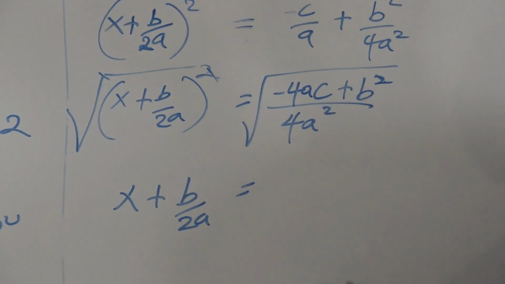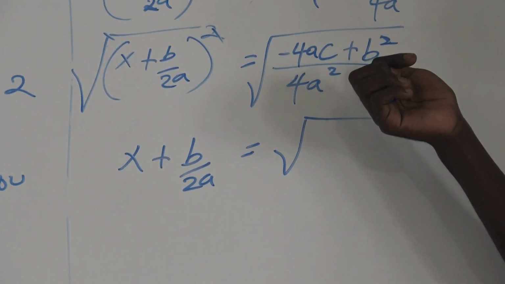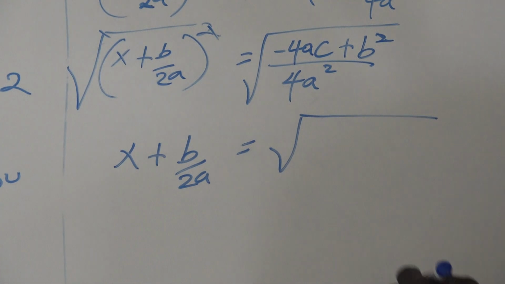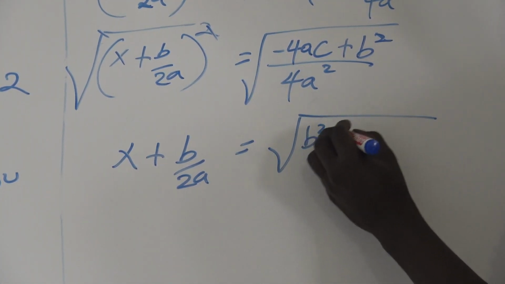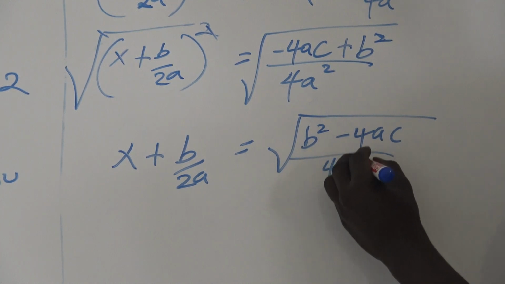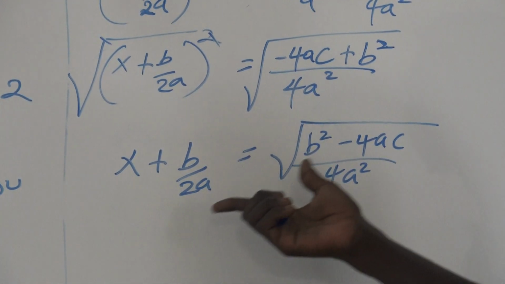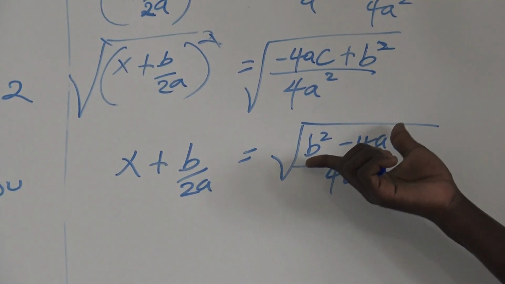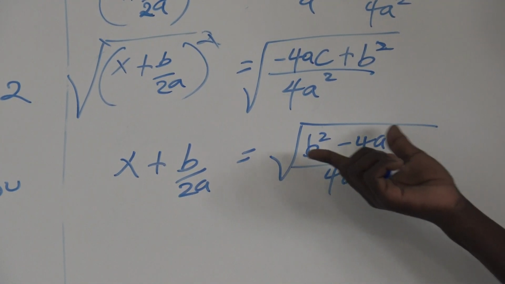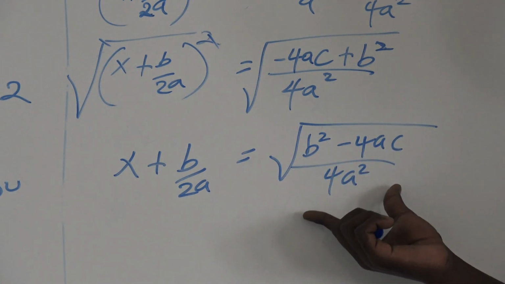Now this side, which is the root of, and now we begin with the positive, which is b squared minus 4ac out of 4a squared. This one, we can also separate by putting a root on the numerator and the denominator alone.